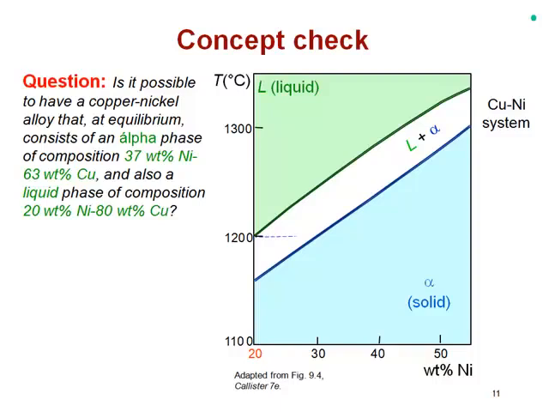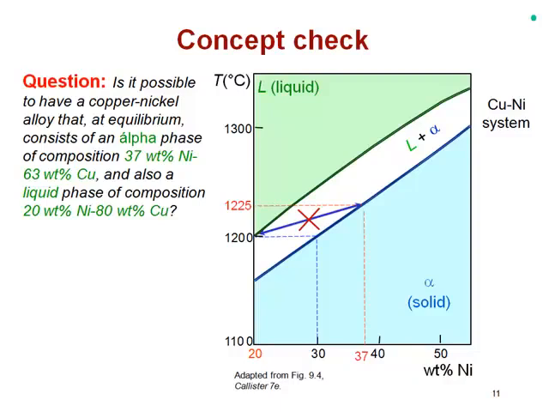Reason, if this is the case, we should be able to draw a horizontal line at any given temperature, giving us the given compositions. Let's see if it is possible. 37% nickel and 20% nickel for the solid and liquid does not give us a horizontal line. It's not a tie line. It's just like that, instead of being like this.